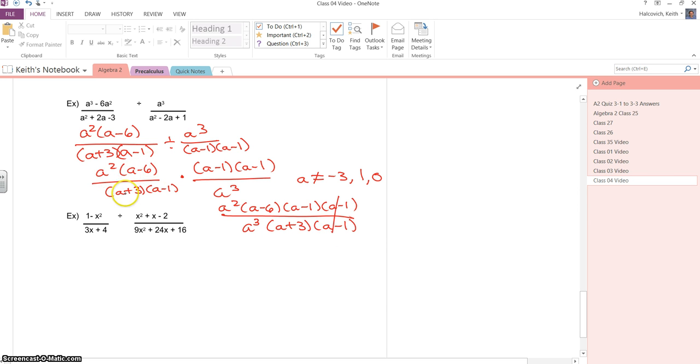Cancel out the a minus 1s. A squared goes away, and the a to the third becomes just a. So it is a minus 6 times a minus 1 all over a times a plus 3, where a cannot equal negative 3, 1, and 0.